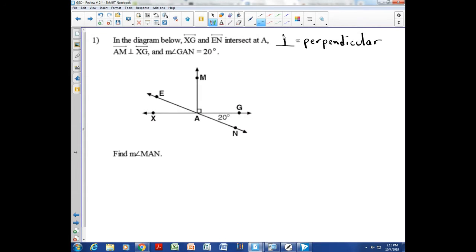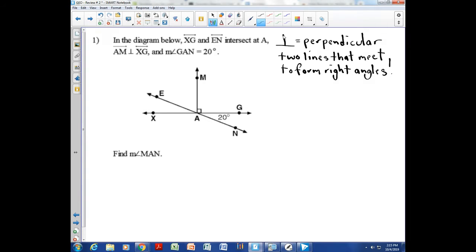And perpendicular means that you have two lines that meet to form right angles.